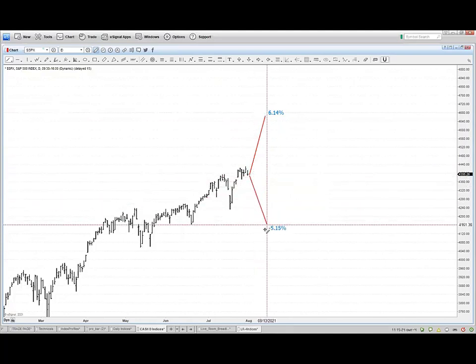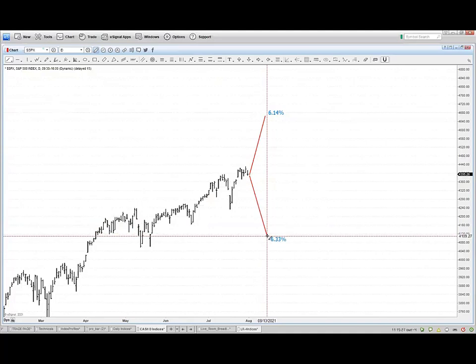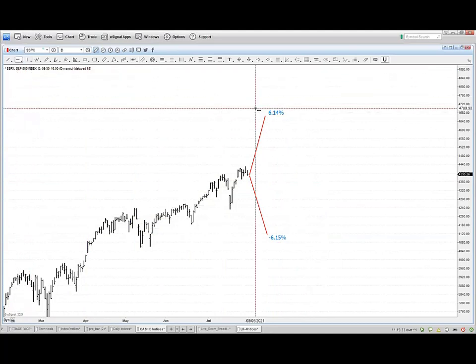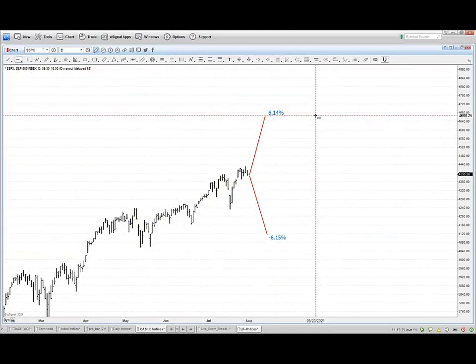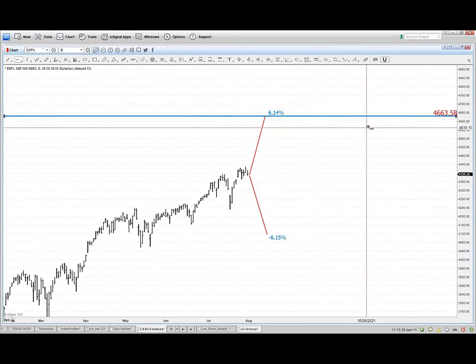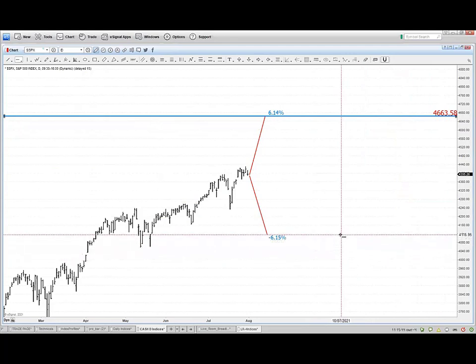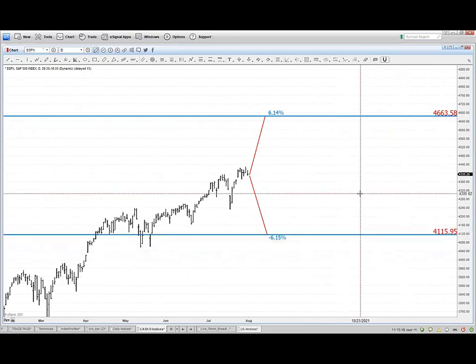And then to the downside, let's see if I get it. There we go. Okay, close enough, right? So let's see what this is over here. Okay, that's about 46.63 to the upside, or 41.15 to the downside.